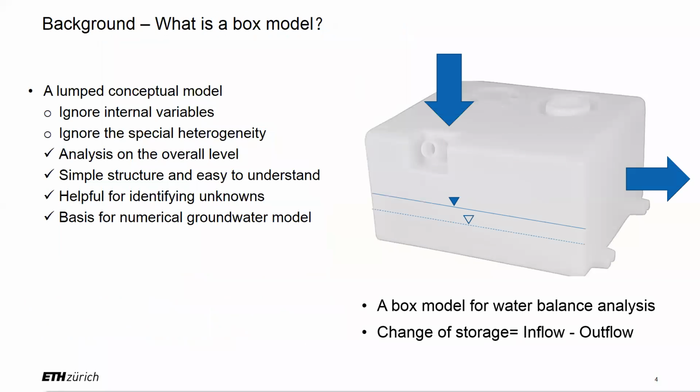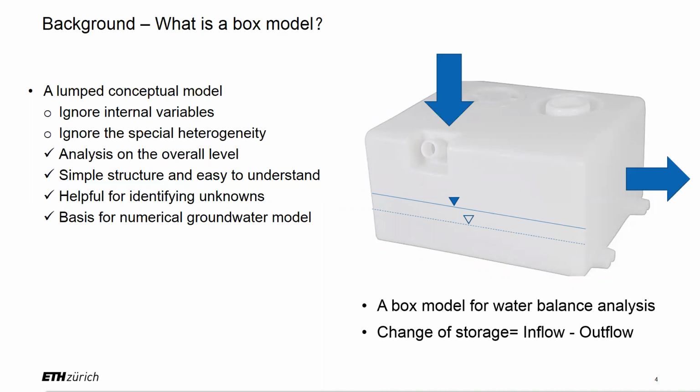So a box model can be seen as a lumped conceptual model, in comparison with the usually used distributed groundwater models. Because it takes the object as a whole, it ignores the internal variables of the system. It also neglects the spatial distribution of the variables in this system.